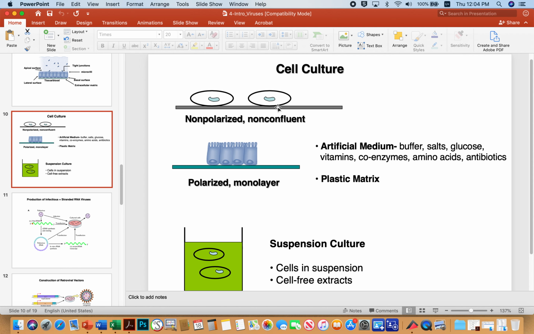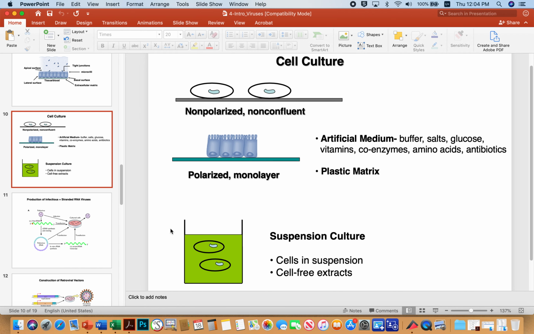This is just one flattened, squashed down cell, where a virus has equal opportunity to get into any exposed region. Whereas here, because this is a polarized monolayer, the viruses really only have the opportunity to get into this apical surface here. And typically, flooded over the surface is some artificial medium that gives the cells, polarized or non-polarized, some sort of nutrients.